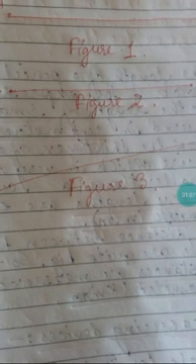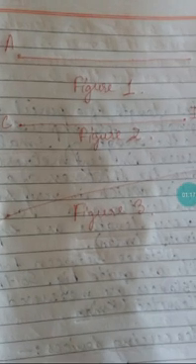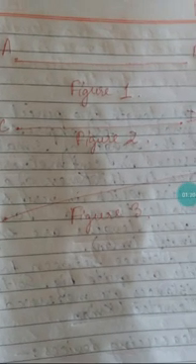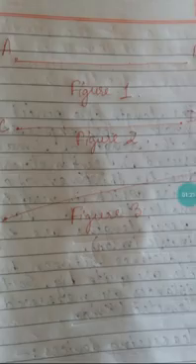But in figure 3, EF is another line. Is this line parallel to AB? We say no. This line EF is not parallel to AB. That means two similar lines are said to be parallel. So, okay, we'll go back to our topic.